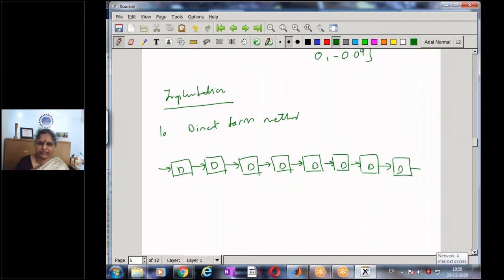And then I can implement it. I use an adder, and then I get my output y of n, and this is my input x of n.